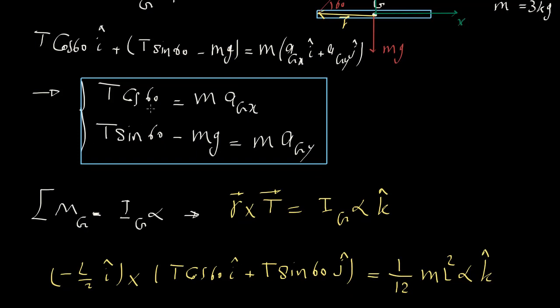So let's see how we can do that. Here we have T cosine 60 is equal to m, and we have the numerical values of these parameters. So let's substitute them in. Let me copy this equation here.